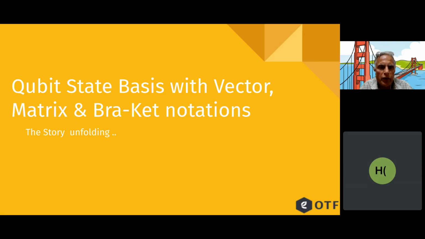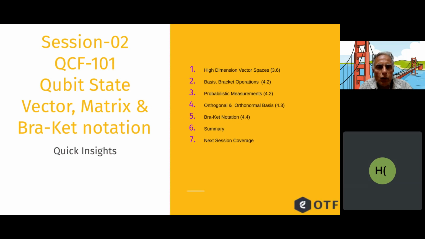So the session 2 of QCF 101 includes high dimension vector spaces, basis, bracket operations, probabilistic measurements which we apply to quantum, the orthogonal and orthonormal basis, what the state basis or vector basis is, the bracket notation and how it simplifies the computational work, and then a summary and what we will cover in the next session.